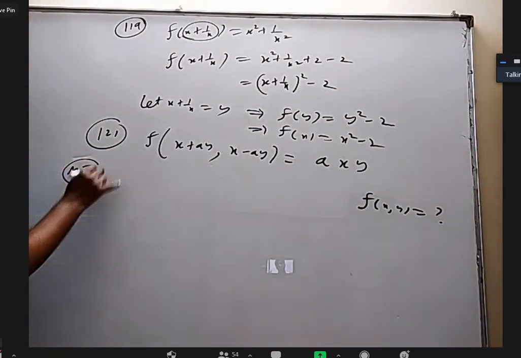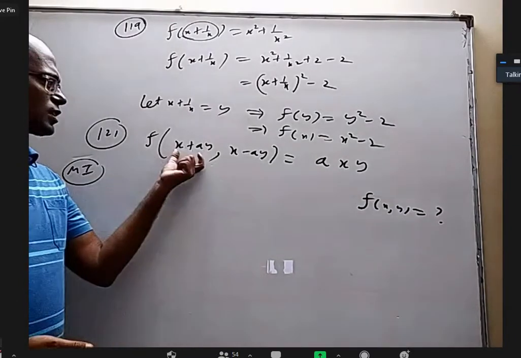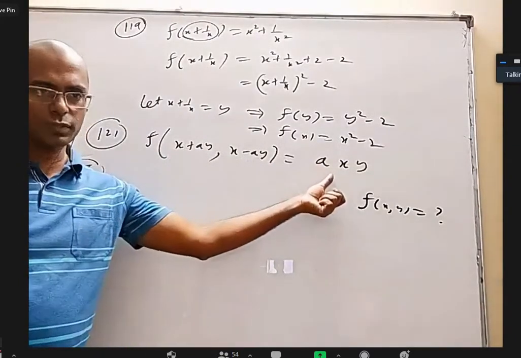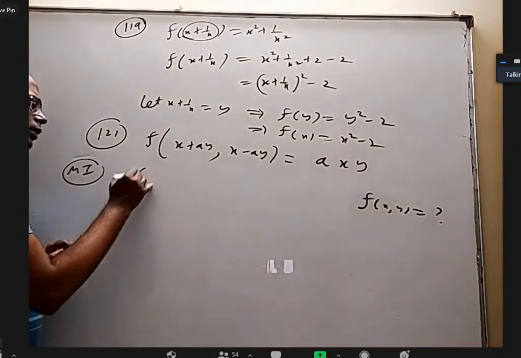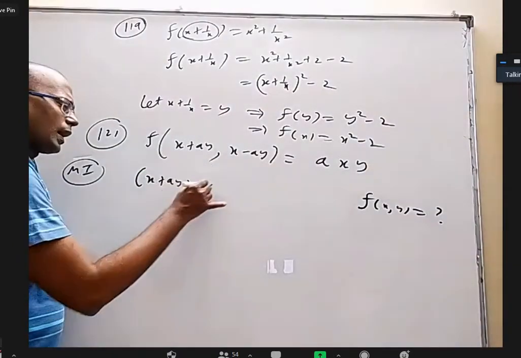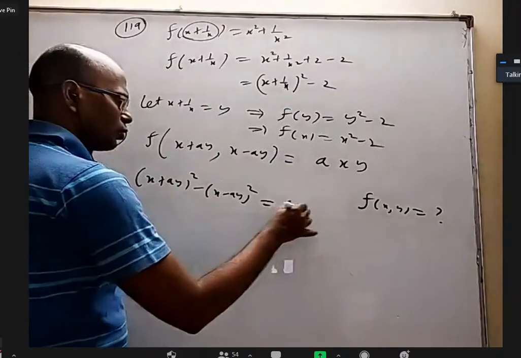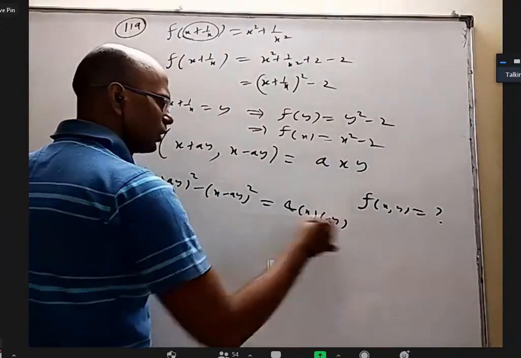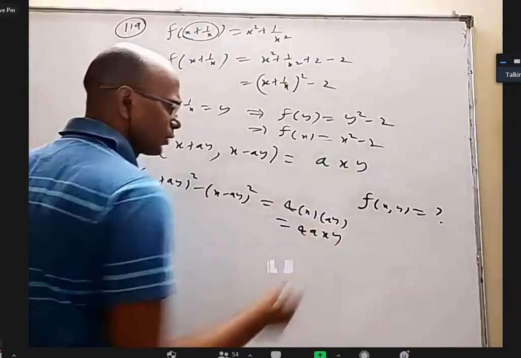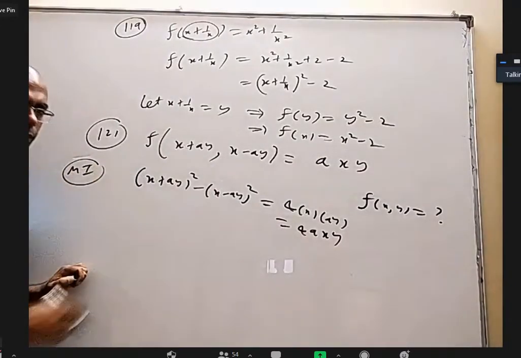Method 1: it easily gives me an idea that when I square these two and subtract, I'll get this. x plus ay minus x minus ay whole square is 4 into x into ay, which is 4axy. At best, I can divide with 4.